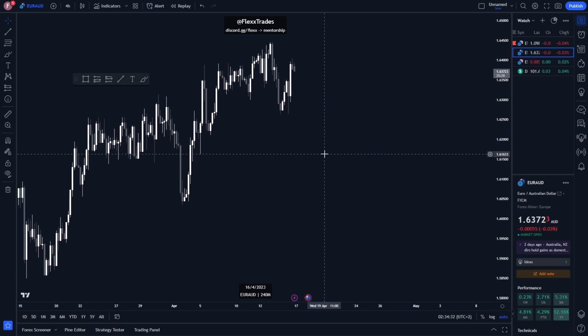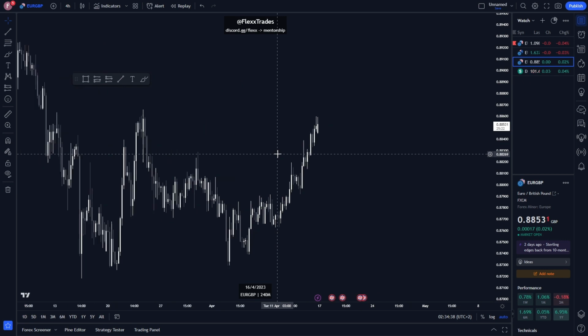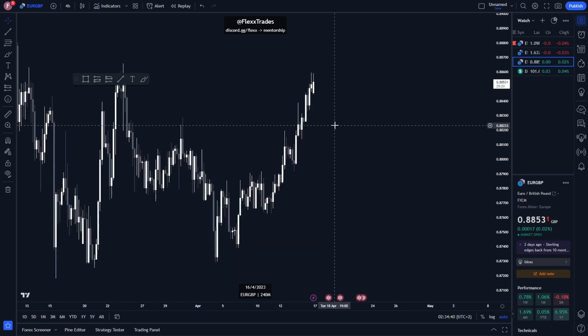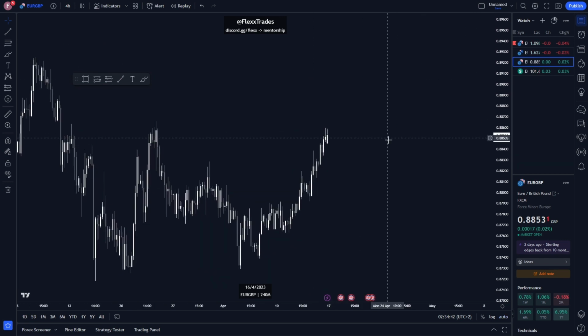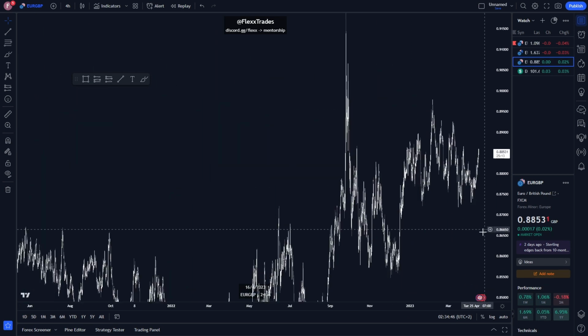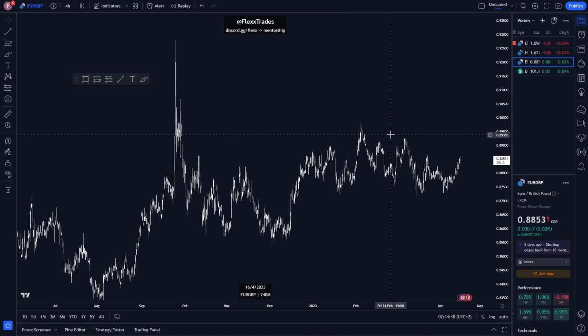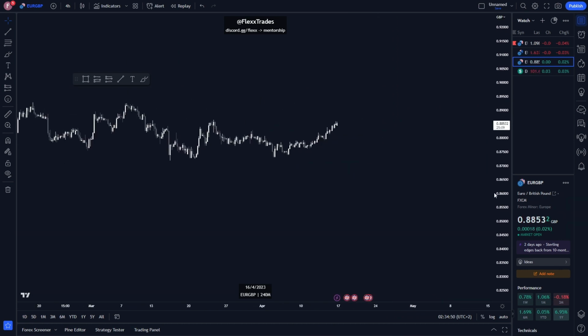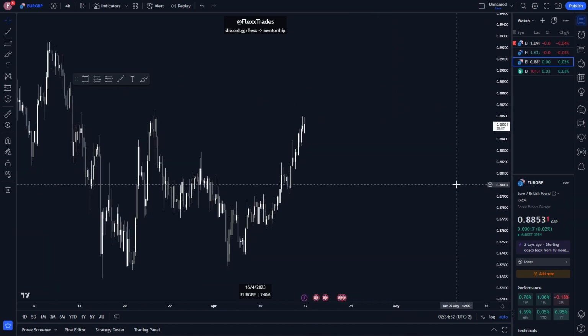So I eliminate the Australian dollar when I'm looking for buys. Then I look at Euro GBP, and I see that the euro is also stronger than the pound. The euro is stronger than the Australian dollar and the British pound, so I know that I don't look for buys on those two because they are weaker than the euro.